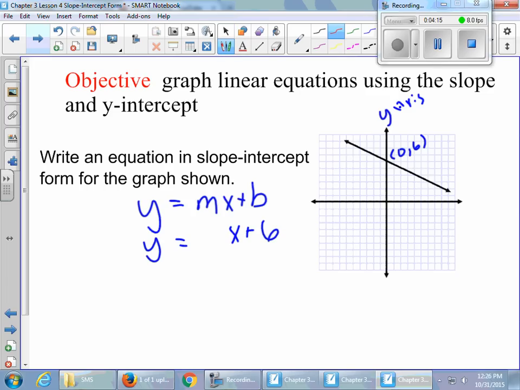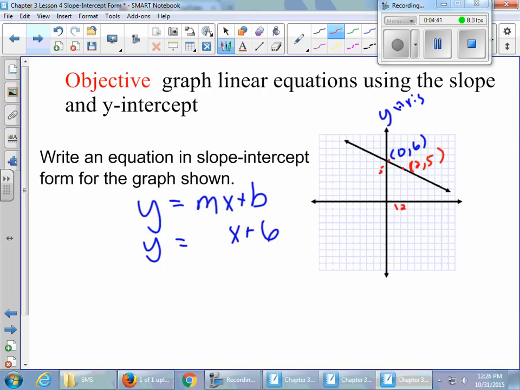How do we find our slope? Two points on the line. Here's one that crosses at 2, and it goes up 1, 2, 3, 4, 5. So this point is (2, 5). We have (0, 6), our y-intercept, and (2, 5).